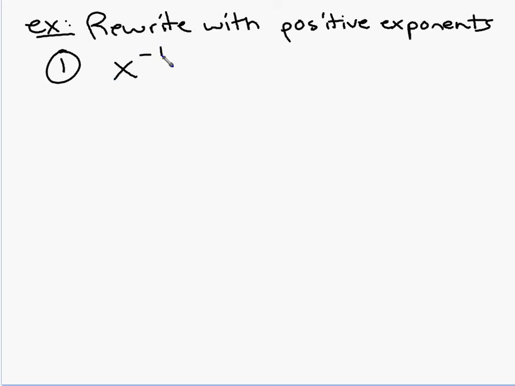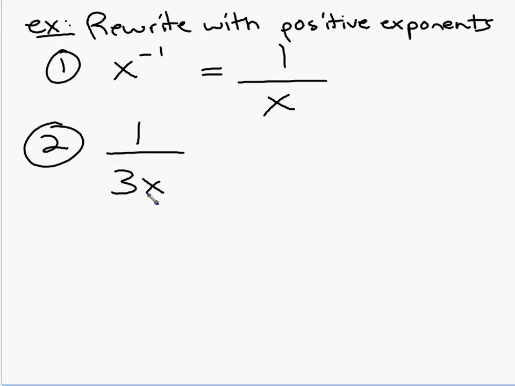We'll start easy. x to the negative 1. Well, how do I write that with the positive exponent? 1 over x to the 1, or 1 over x. All right, that's an easy one. You knew they wouldn't stay that easy. How about 1 over 3x to the negative 2?